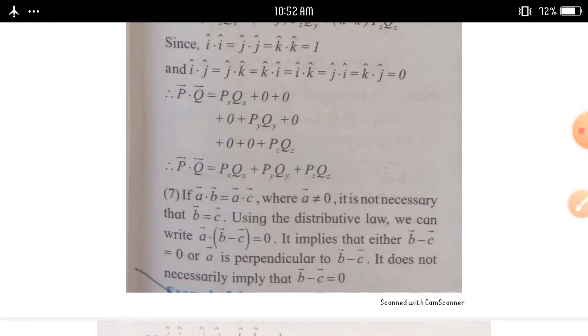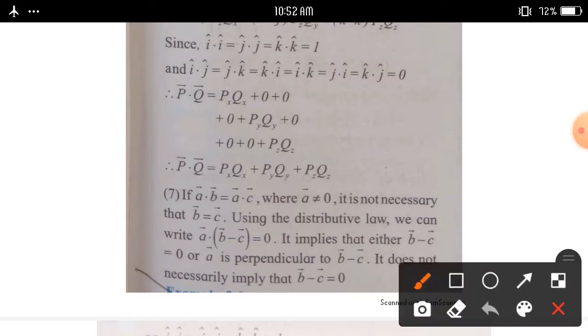of scalar products. If a bar dot b bar is equal to a bar dot c bar, where a bar is not equal to 0, this is a condition. It is not necessary that b bar is equal to c bar. Using the distributive law we can write a bar dot (b bar minus c bar) is equal to 0.